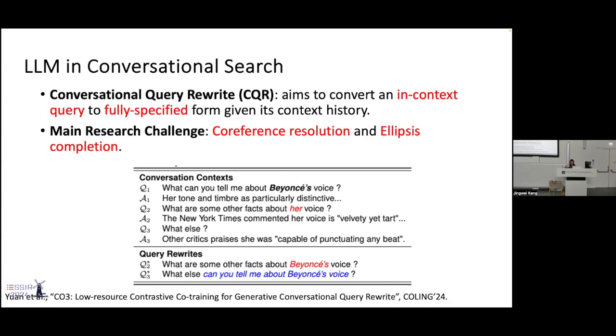Another very important issue is that different people may have different writing styles for these rewrites, which means, for example, when we train the model on one data set and test it on another data set, the performance drop is very severe because the model lacks generalization ability.